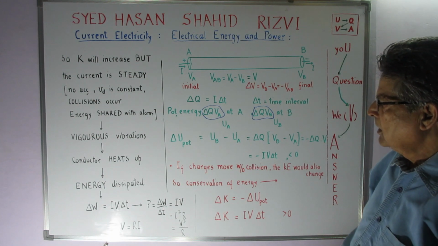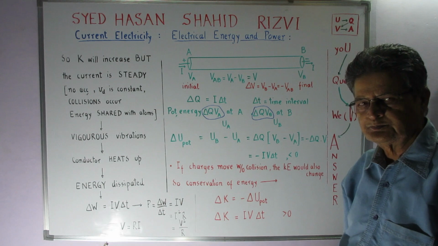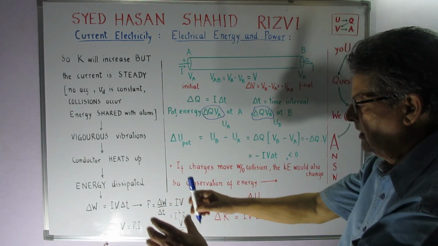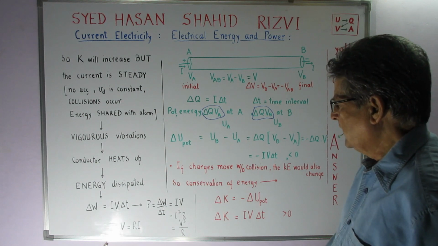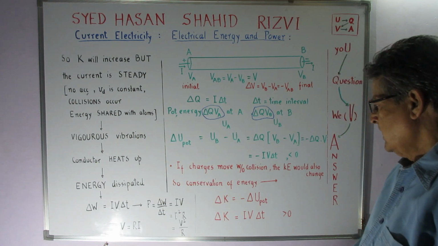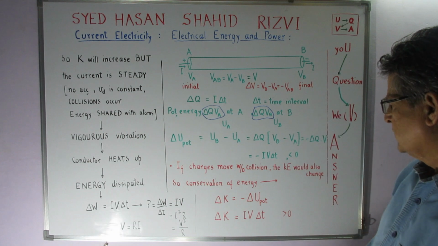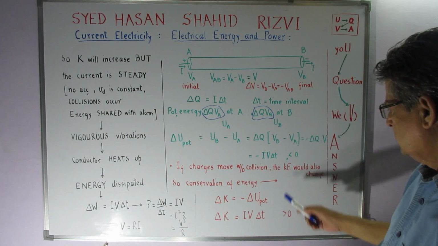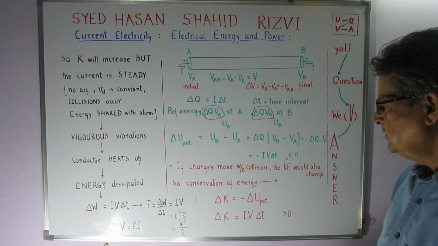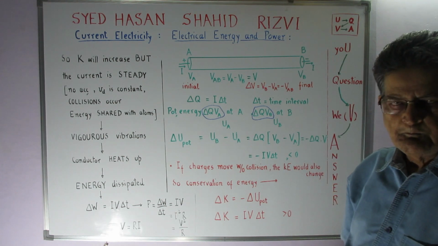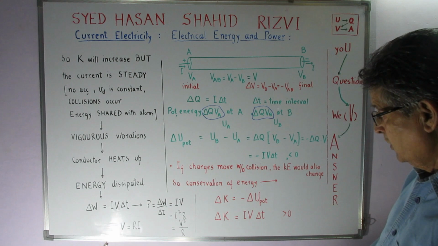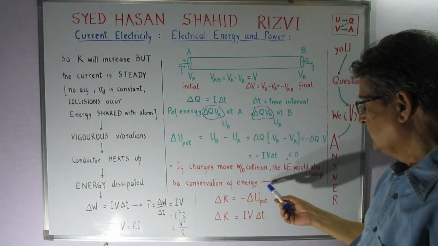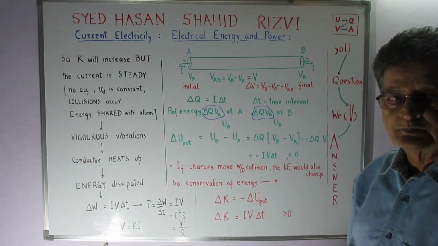Now, let us consider first of all that the charges are flowing like water in a rivulet. If charges move without collision, what will happen? The kinetic energy will also change. And there is a law, that is kind of universal, that there is a conservation of energy.